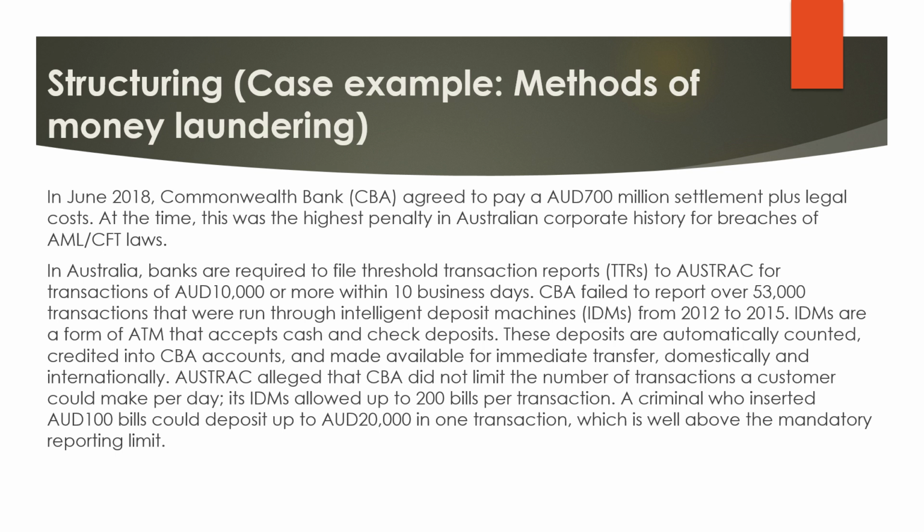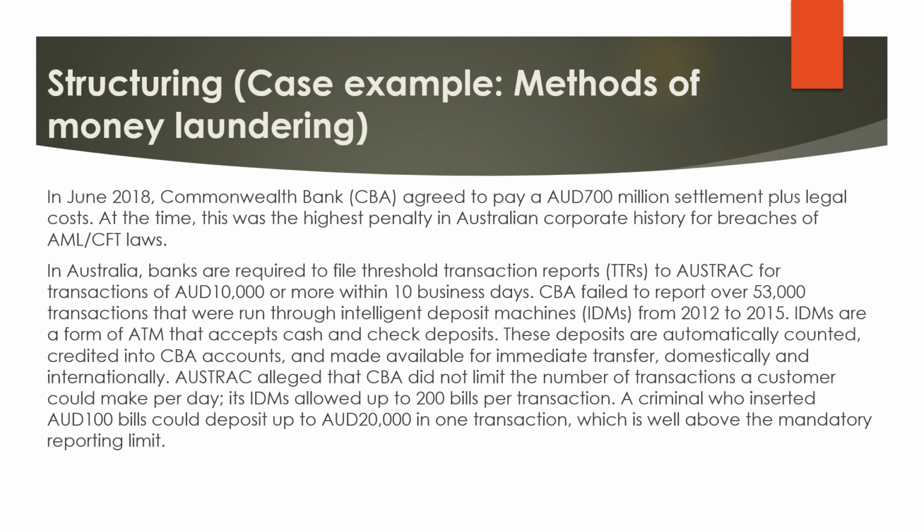CBA failed to report over 53,000 transactions that were run through intelligent deposit machines (IDMs) from 2012 to 2015. IDMs are a form of ATM that accept cash and check deposits. These deposits are automatically counted and credited to the CBA account and made available for immediate transfers, domestically and internationally.